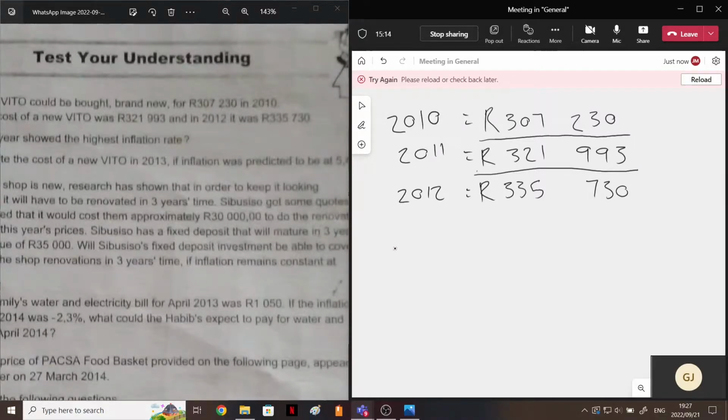Now, to calculate inflation rate, it's actually quite simple.